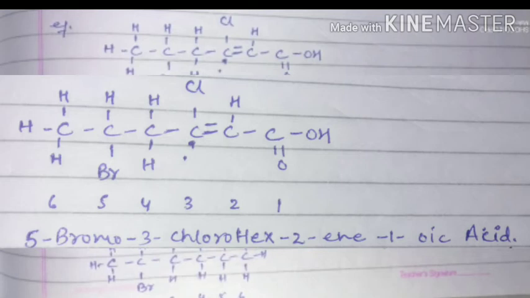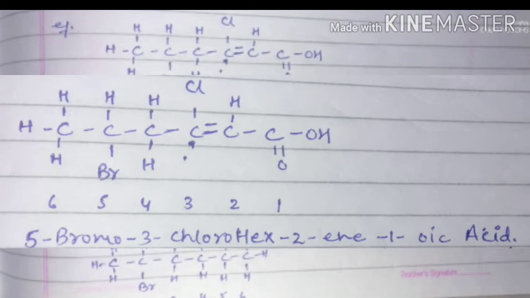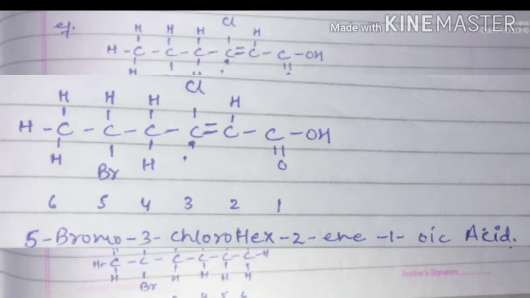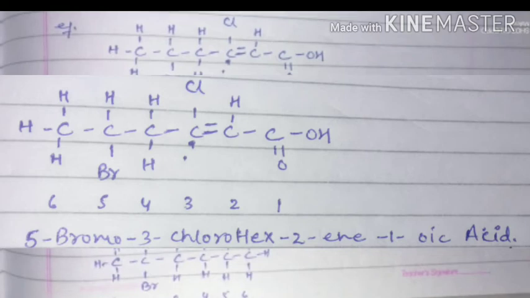So in the first structure, the carboxylic acid is there, so the first number I have given to the carboxylic acid carbon, then second, third, fourth, fifth and sixth. You can see here on the second and third carbon there is a double bond. So double bond and functional group both are present here, but we will give preference to the functional group. Because of that we need to start giving the number from the functional group.